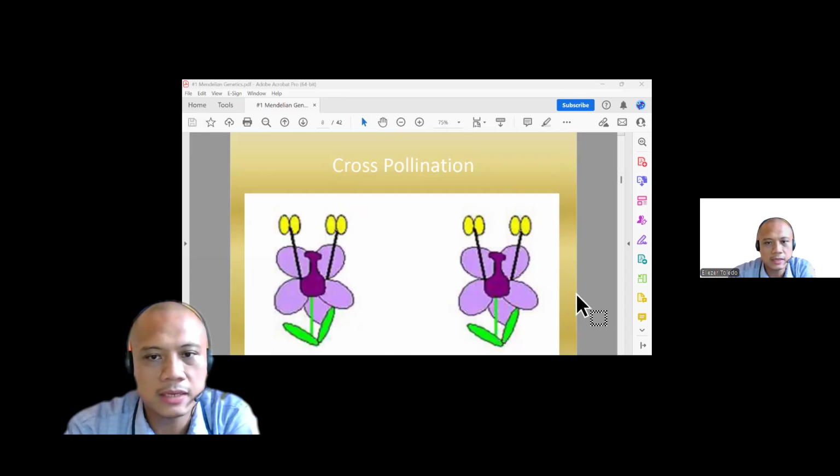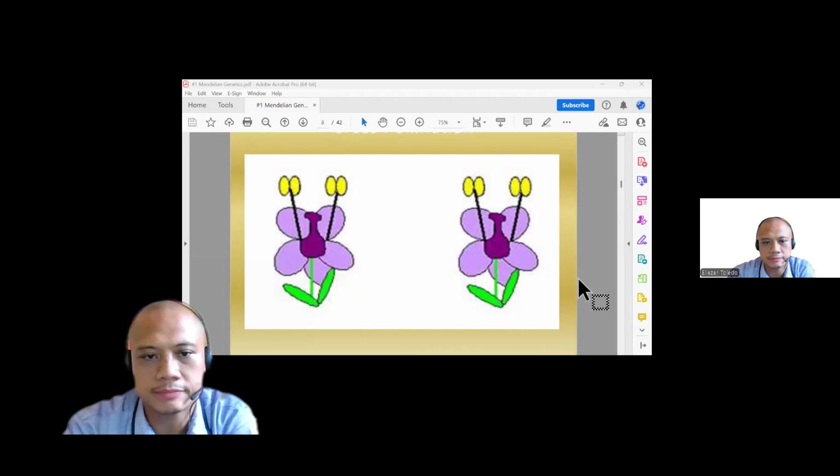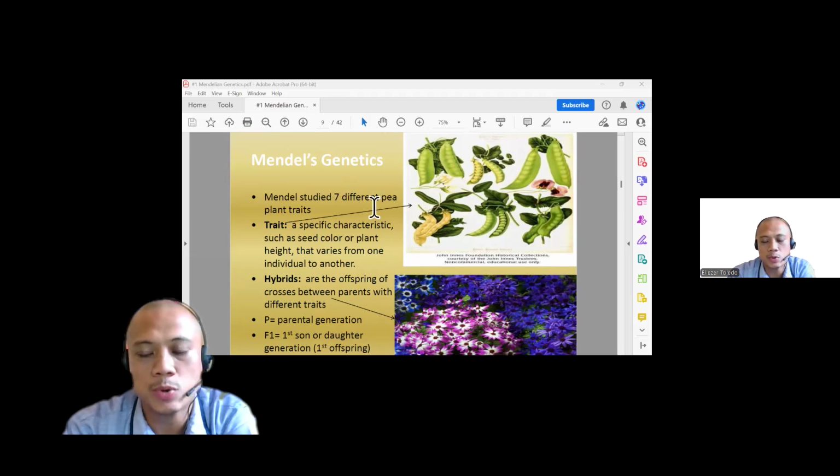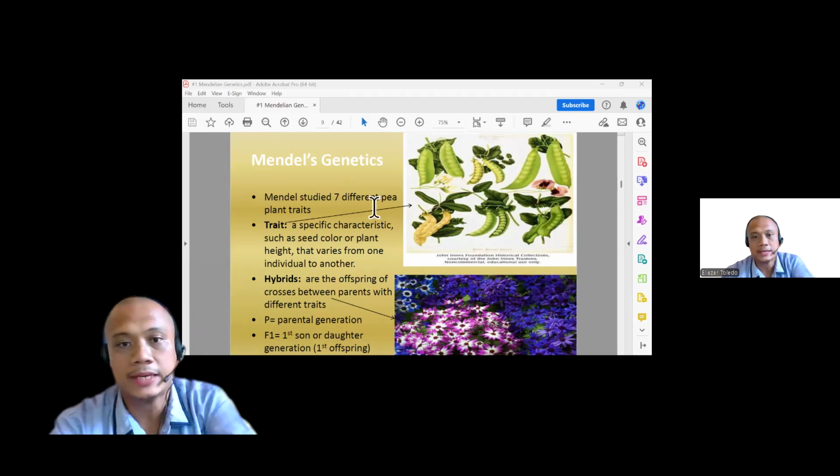Okay, next. Then here goes the cross pollination involving, of course, a male and a female with different traits. Okay, Mendel studied seven pea plant traits, which we will be tackling later on.